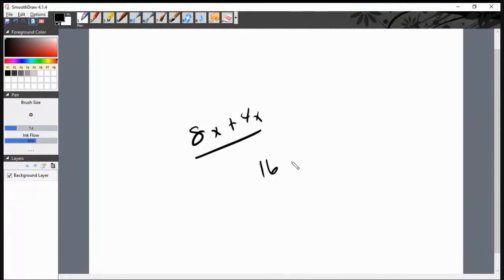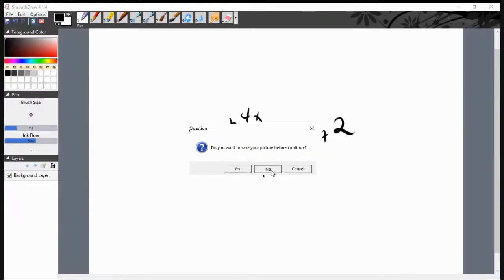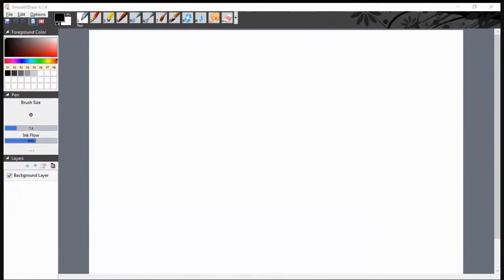How about 16 minus 4r plus 2? Let me see if I can write this a little bit better. 16 minus 4r plus 2. Simplified or not simplified?